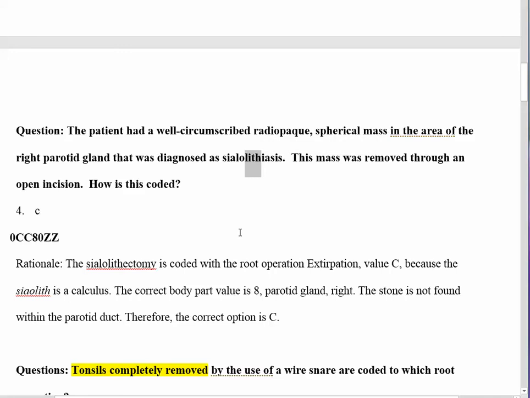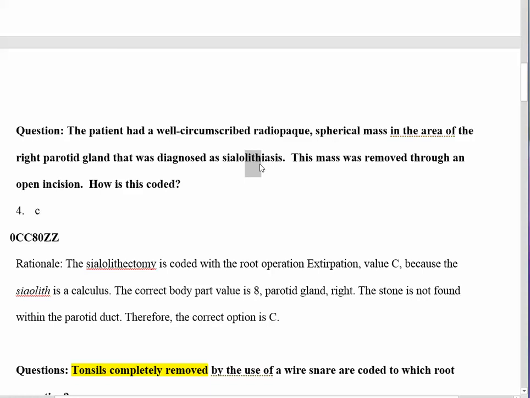But part of that word, based on your medical terminology, is the word lith, L-I-T-H, which equates to stone or calculus. So this patient has a stone, most likely started out in their salivary gland and now has migrated to the parotid, and it is a hard substance, just like a stone outside.